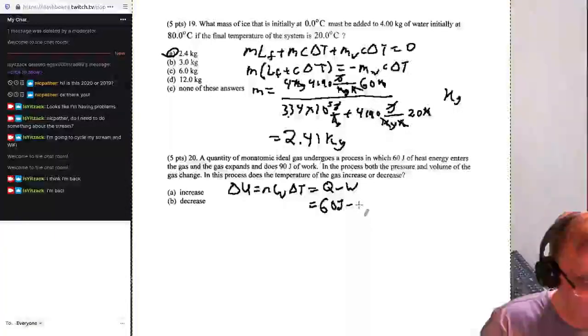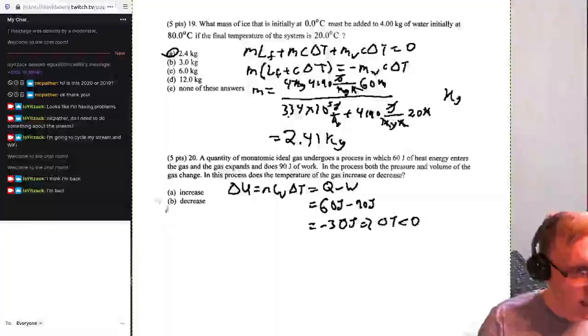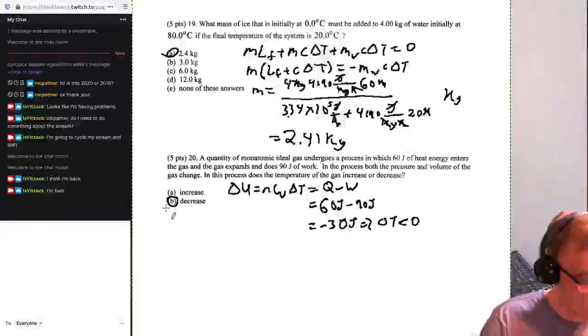Does work, and work leaving of 90 joules. This is minus 30 joules, which indicates a delta T which is less than 0. So now, I would say it decreases the temperature.